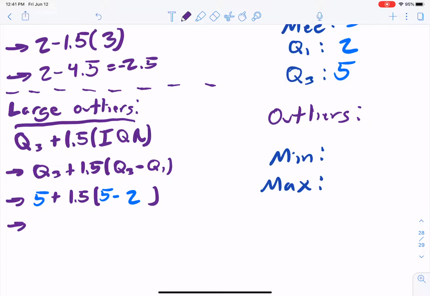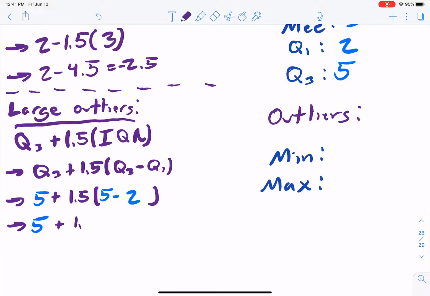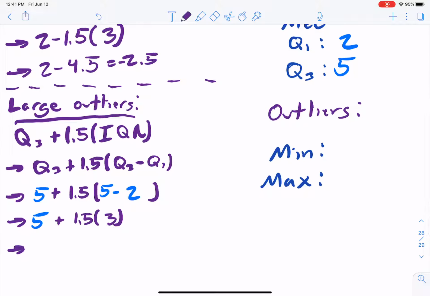So that leads us to 5 plus 1.5 times 3, right? Same deal, where this is 5 plus 4.5, which equals 9.5.